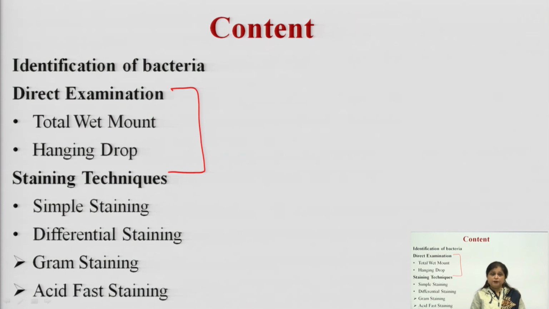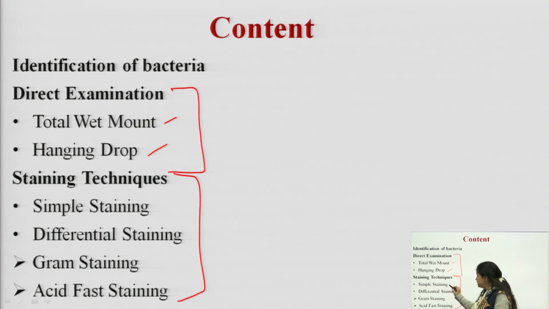For direct examination, we go for the total wet mount method and hanging drop technique, and under staining techniques, I told you in my last lecture what simple staining is, what negative staining is, what positive staining is, and what differential staining is. This lecture mainly focuses on the staining techniques.